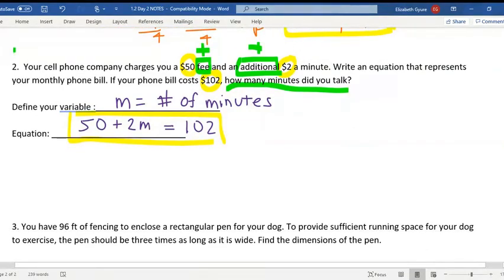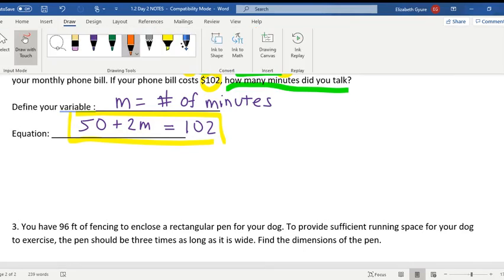Next answer here. Yep. We now need to solve this. So we got to get m all by itself. You can either use your opposite operations or do your 2-column method. Do you guys want to try this one with 2-column method? Do you like that better? Okay. So I'm going to put my column.